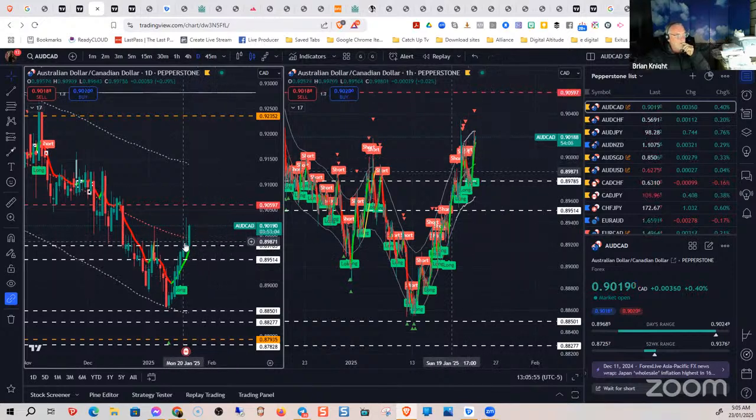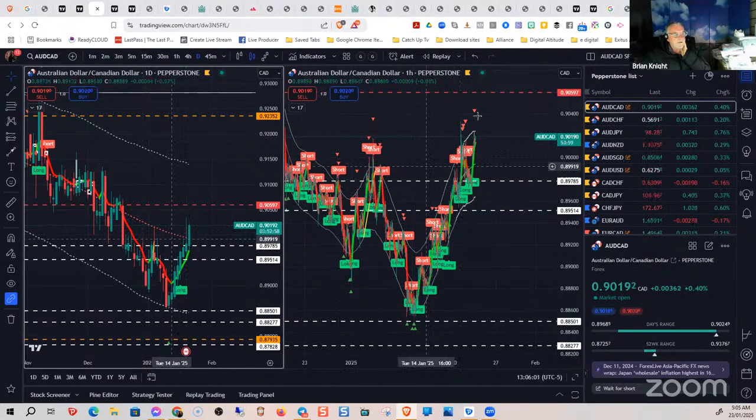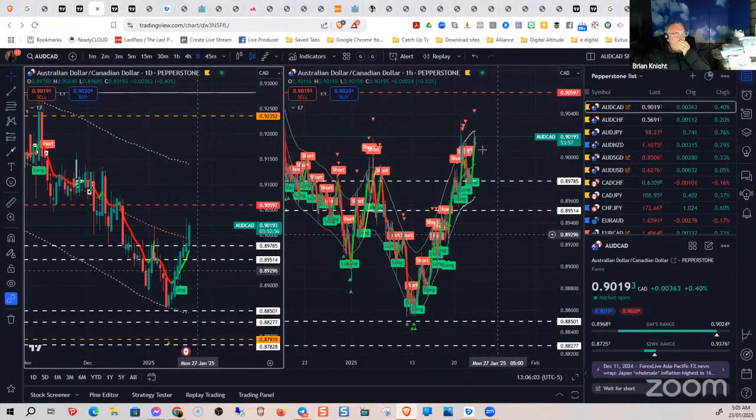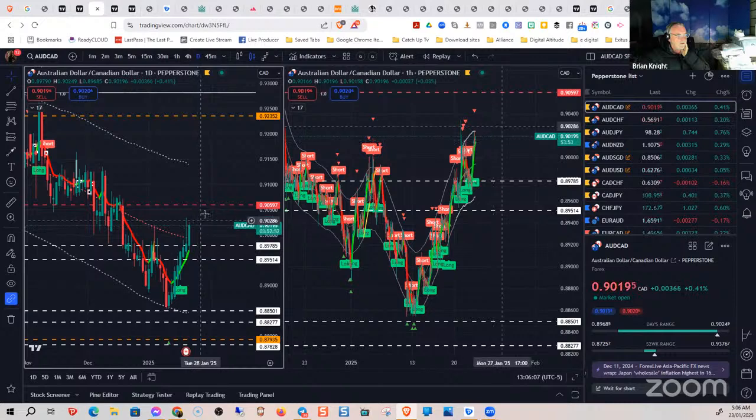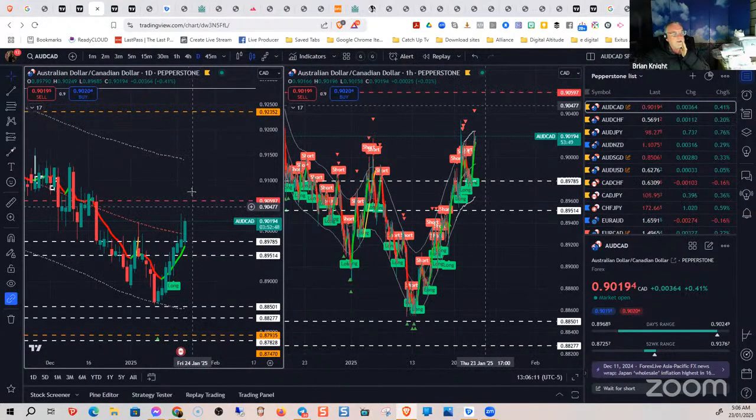So if you're already in this trade, great. If not, it's come up to a high. I was looking at it pulling back a bit, but it looks like it has surged ahead on the daily candle anyway.